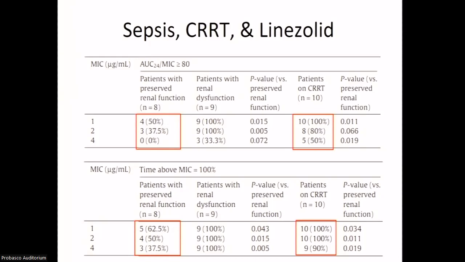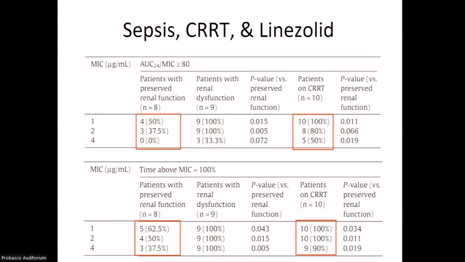They defined renal impairment as a creatinine clearance of less than 50, and patients on CRRT underwent either CVVHD or CVVHDF with a median dose of 14.2 milliliters per kilo per hour. Their defined target concentrations for efficacy were an AUC to MIC ratio of 80 or more, and a fraction of time that the drug concentration was greater than the MIC of 100%.